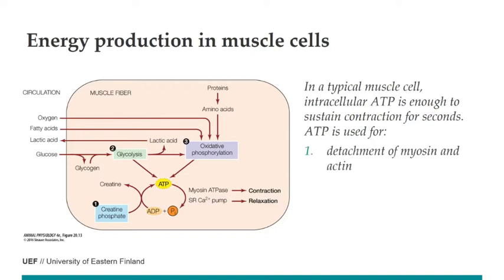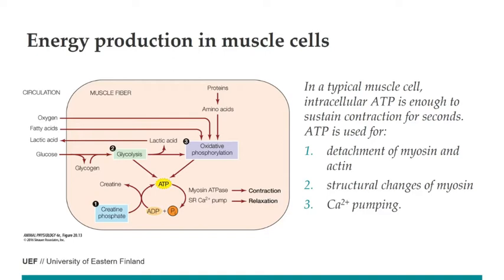And it's not only used for the movement of myosin and actin, but also for the detachment, and then of course the structural change of myosin, which is usually the only thing that we remember where the muscle cells are using ATP. But we also use a lot of ATP for calcium pumping, because if you release calcium inside the cell, then you must pump it back.